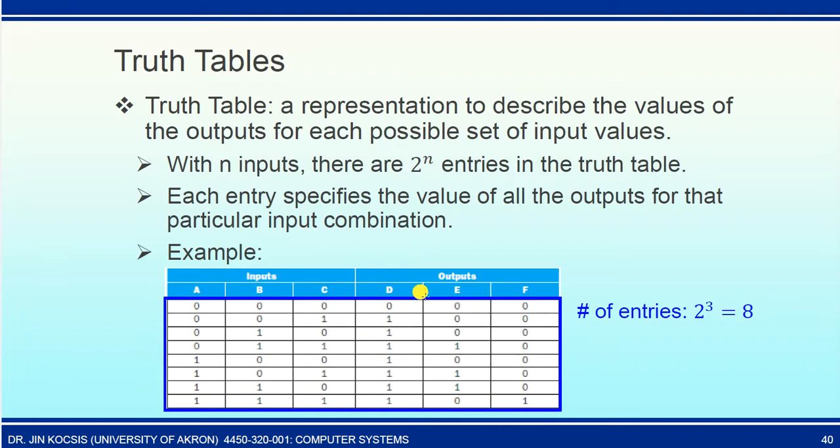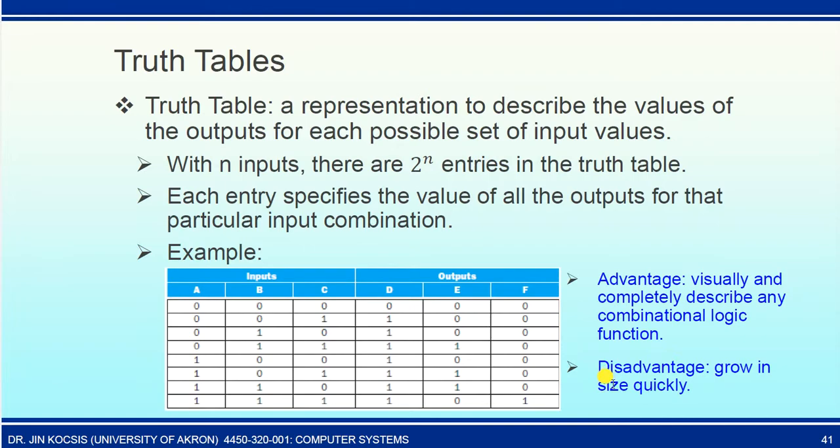Basically, it's 8 entries, because with 3 inputs you will have 2^3, which is 8 different situations for the individual output.